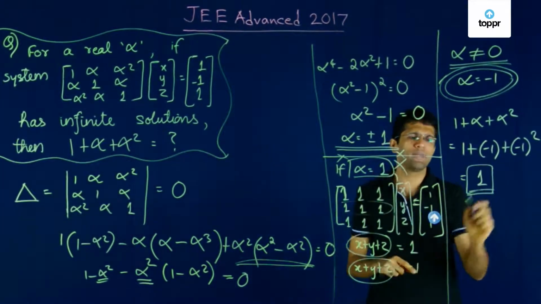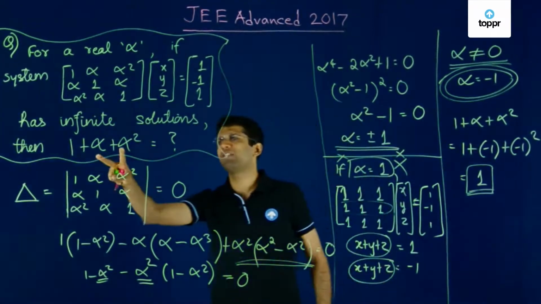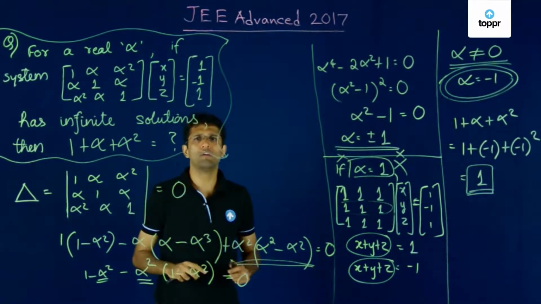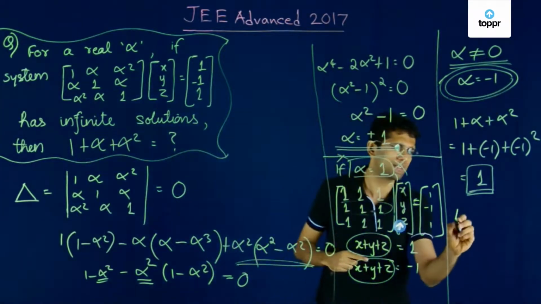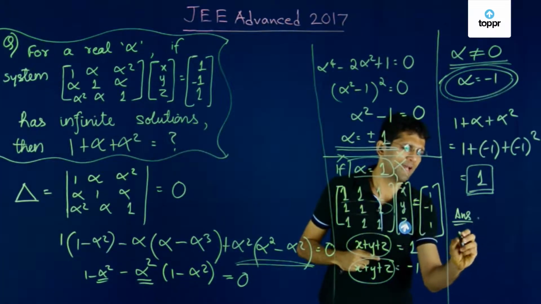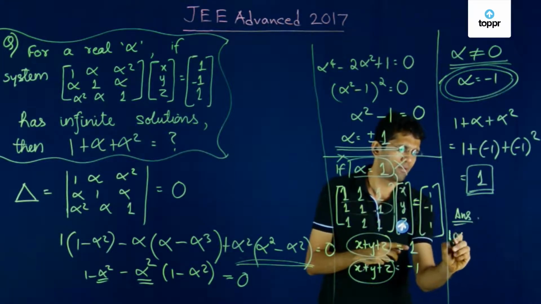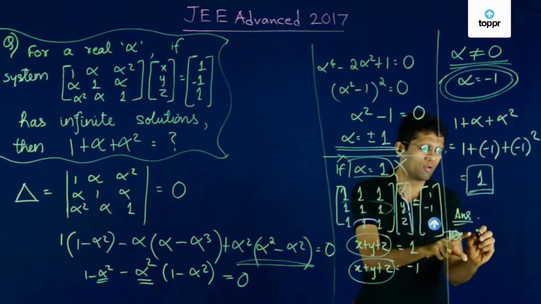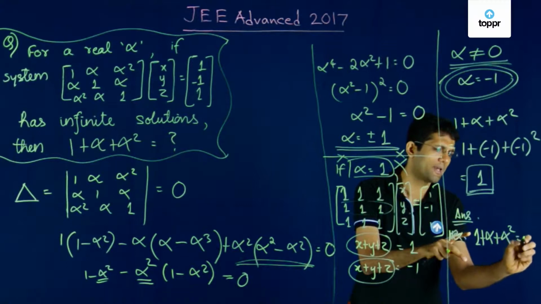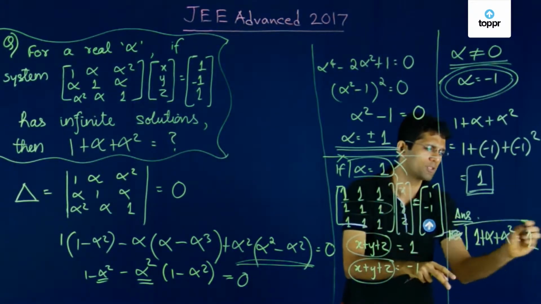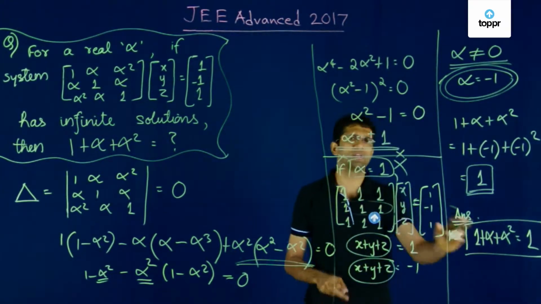So we finally obtained that the value of 1 plus alpha square is equal to 1 for this given condition. So this is the only possible value that this expression can take.